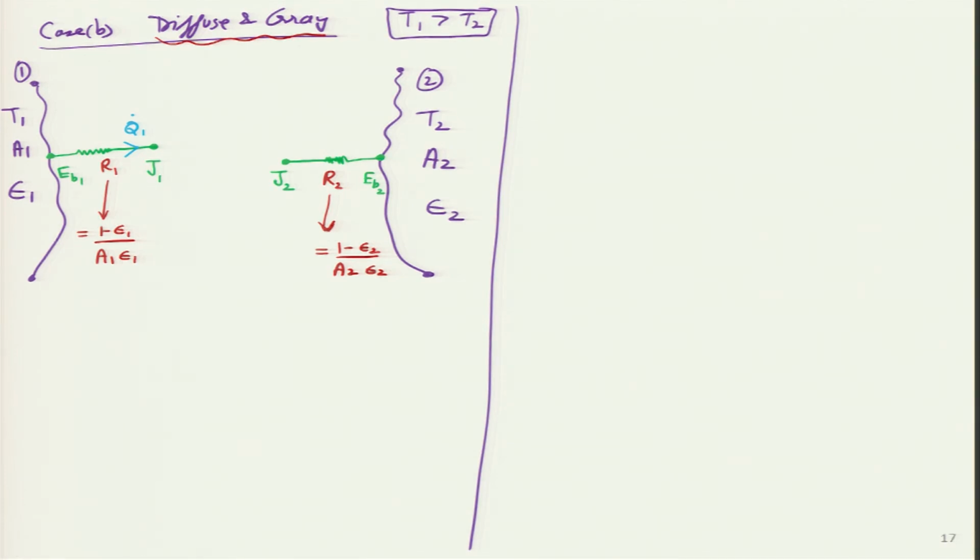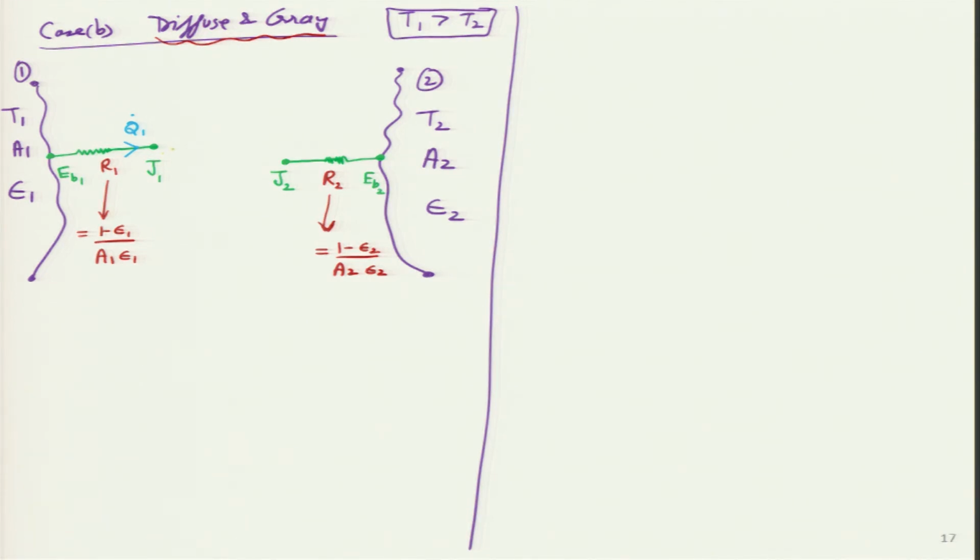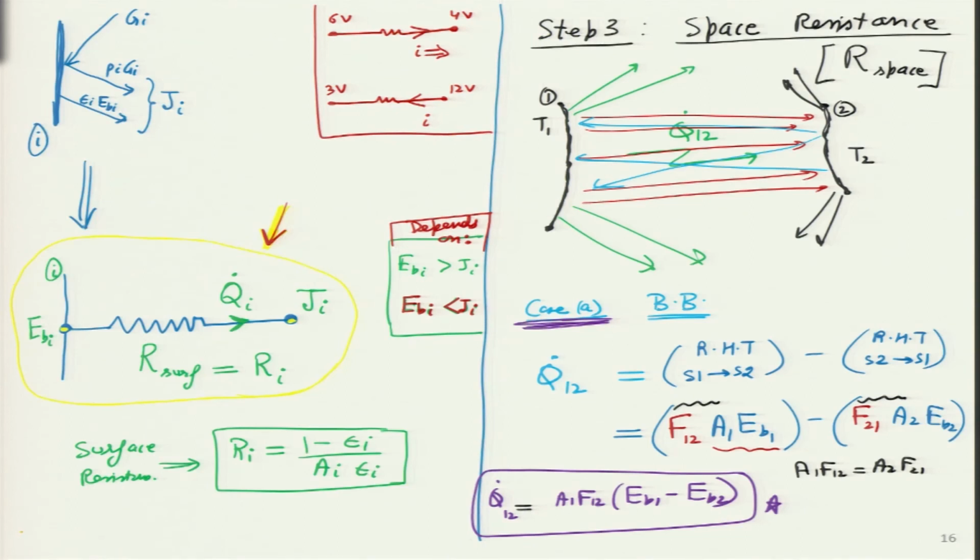Now, let me ask the students this question: what is the rate of heat transfer between two surfaces, not at temperature T1 and T2, but at radiosity J1 and J2? And this now becomes exactly similar to what we were trying to do for the black body case over here, which means I can pull out this particular term from here and just replace A E with J. Let me try and do that.